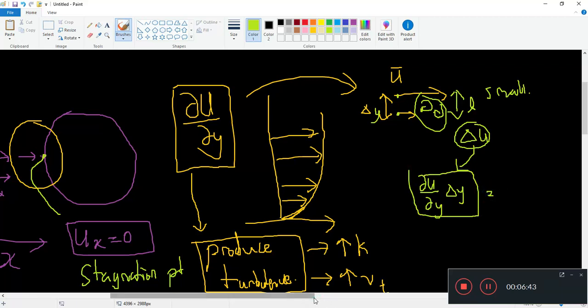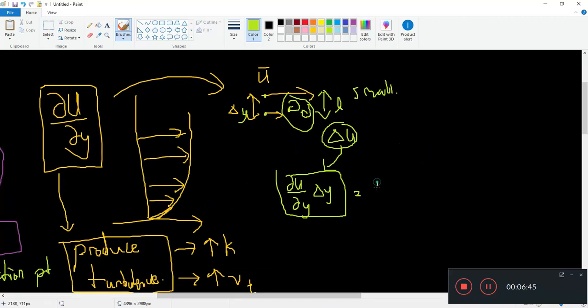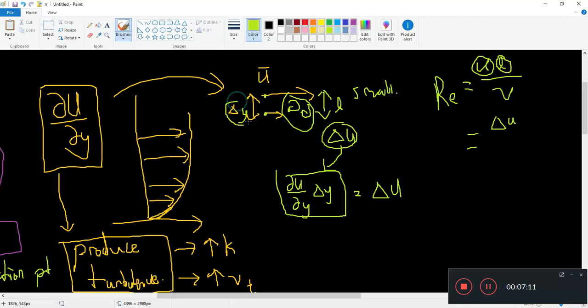let's put it here, delta U. If we were to have some Reynolds number, we will have a characteristic velocity times the characteristic length scale over the kinematic viscosity. So this U, the characteristic velocity of the system, is delta U, and this L is this length scale, I would say delta Y, over nu.